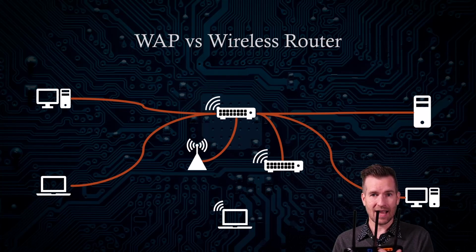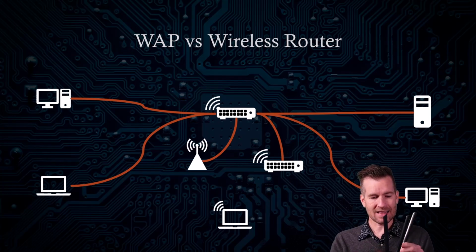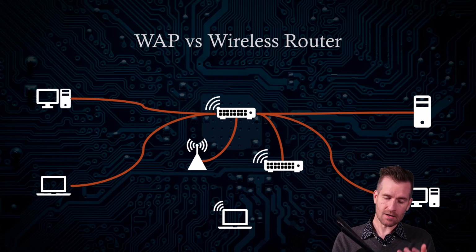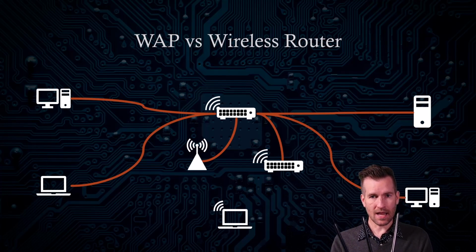This LAN side is a built-in switch into it. And then it also has the capability of wireless connection, which is why you see these antennas on it. So I can set this up in my home or small office here. I can plug it into my network connection or my internet service provider and be able to get a network onto my device.